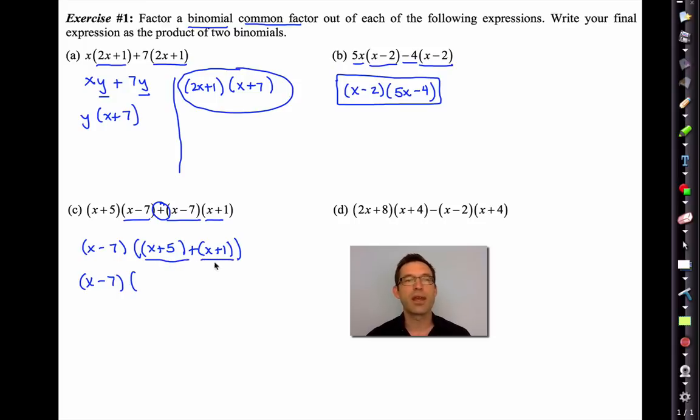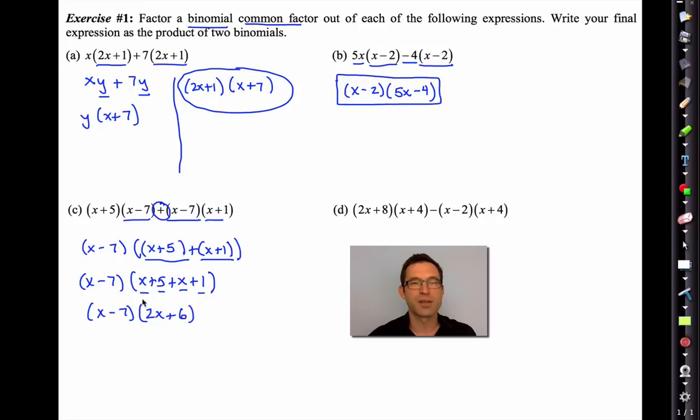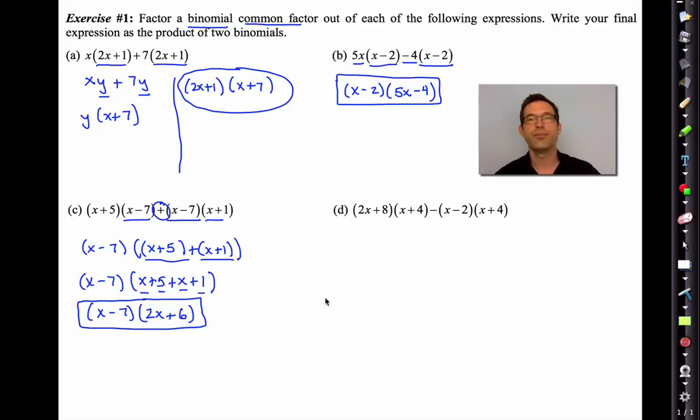We're not distributing anything, and because addition is commutative and associative, I can get rid of those parentheses and rewrite it like this. I won't write out all the steps, but we could swing a bunch of things around, and we'd have an x and a 2x, then a 5 and a 1, and we'd have plus 6. All right, that's pretty easy.